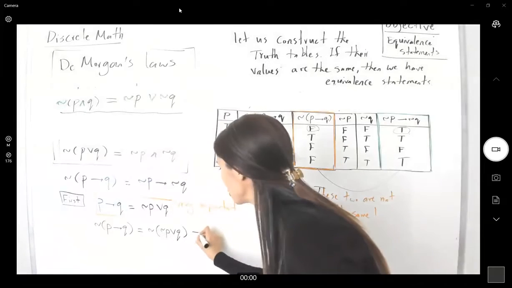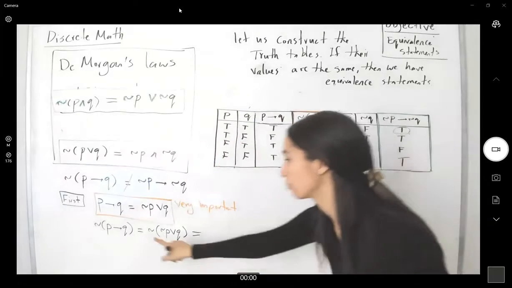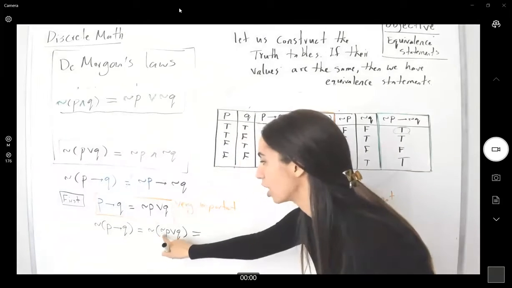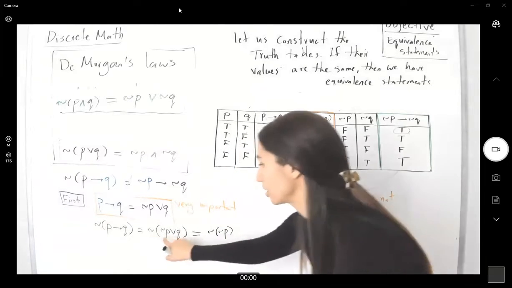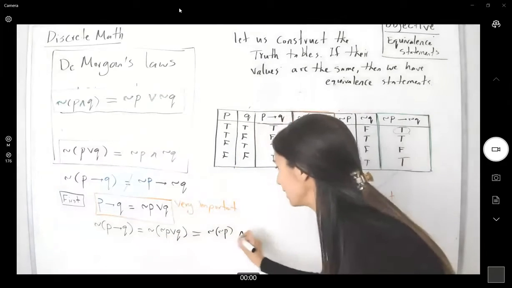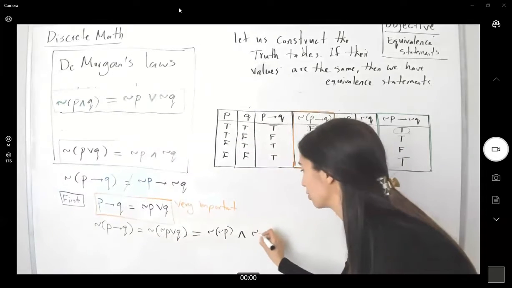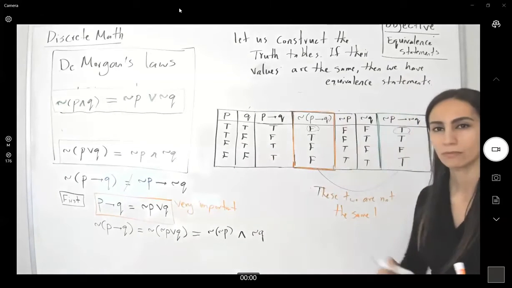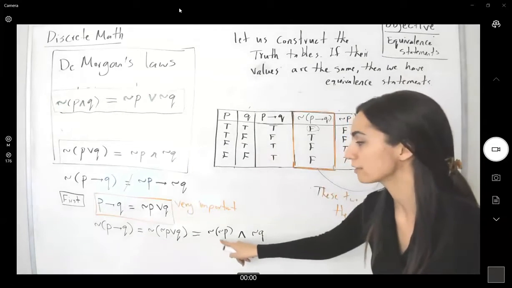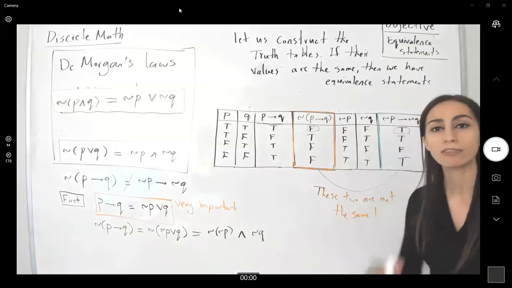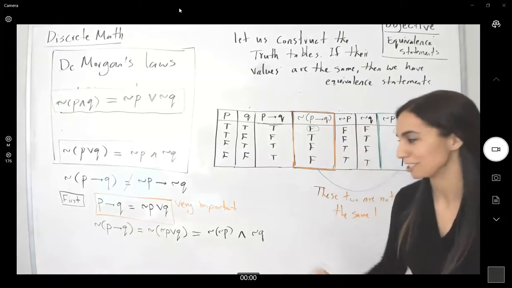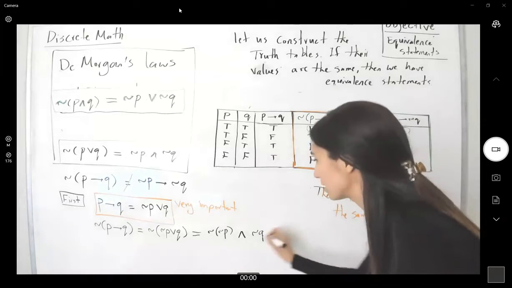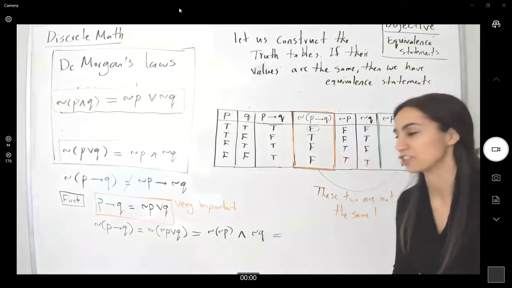So if I distribute the negation, I'm going to get not not P, the negation of or is and, and the negation of Q. And I simplify not not P. It turns out not not P is the same as P. So we call this double negation.